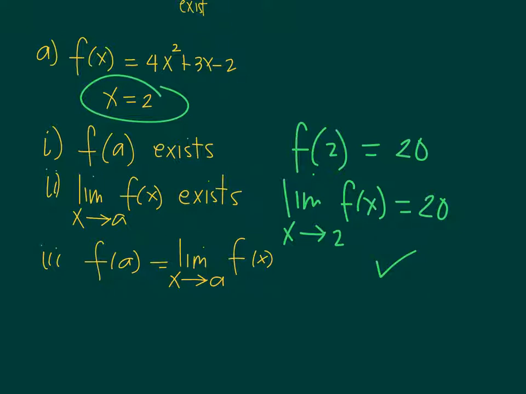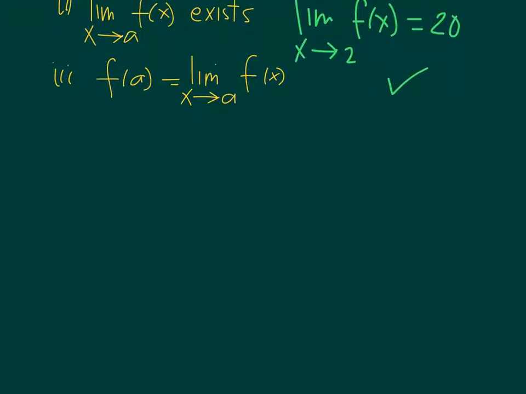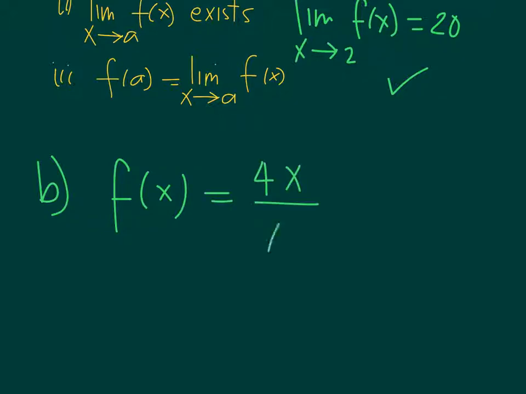Okay, and then let's go to B, so that we could see how to apply when one of the conditions will fail. So we have to check at x equals 3. Step number 1, f of 3.